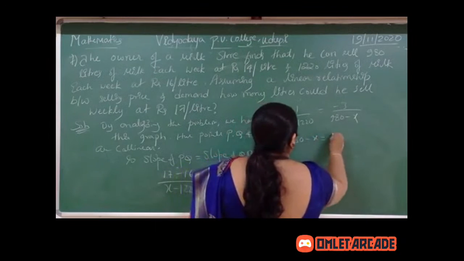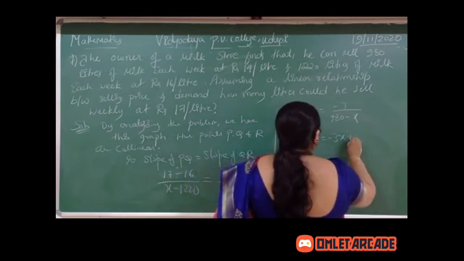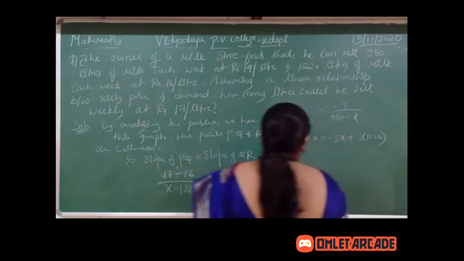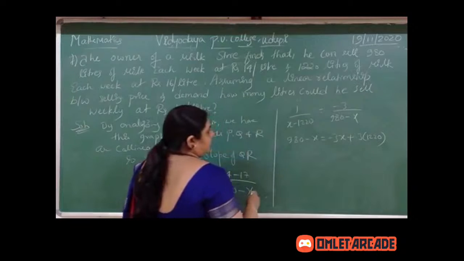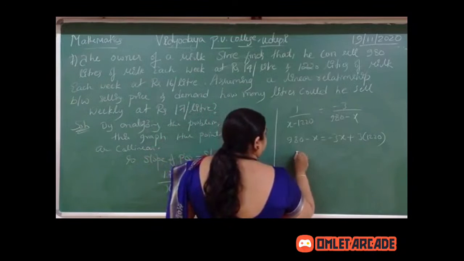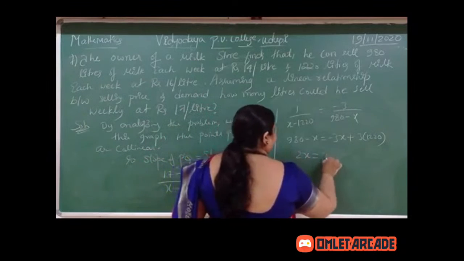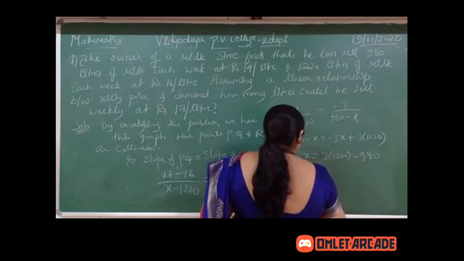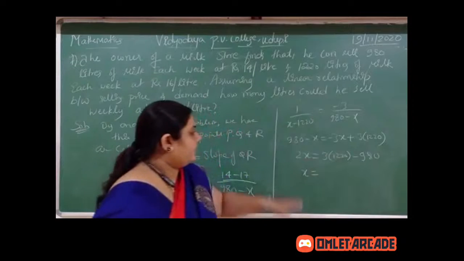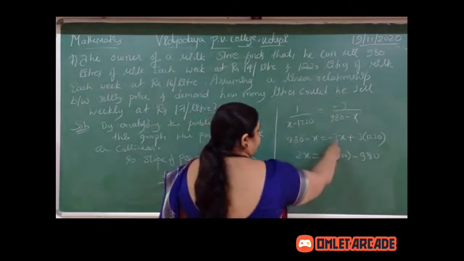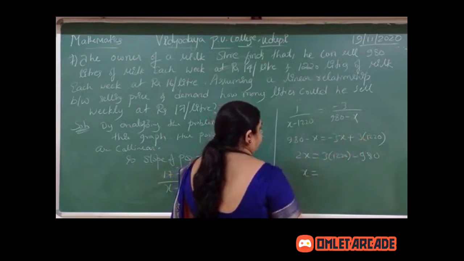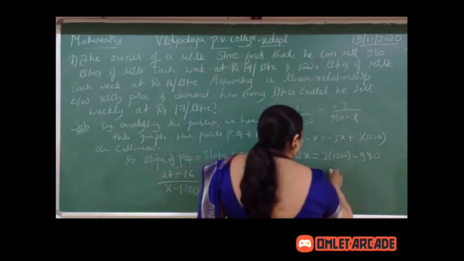980 minus x is equal to minus 3x plus 3 into 1220. Isn't it? So it is 2x is equal to 3 into 1220 minus 980. So solve it. We'll shift this here, it becomes 2x, and we'll shift that side.